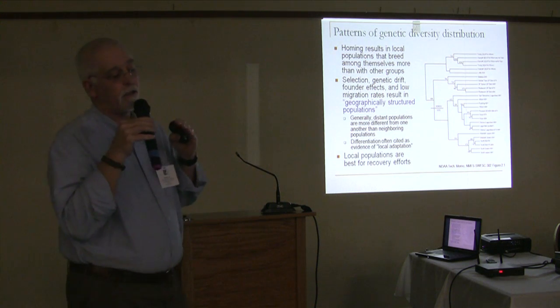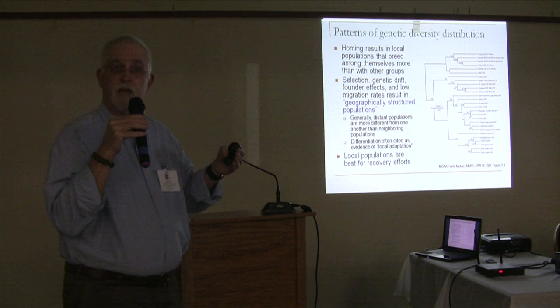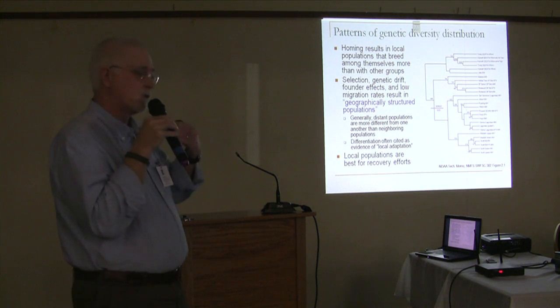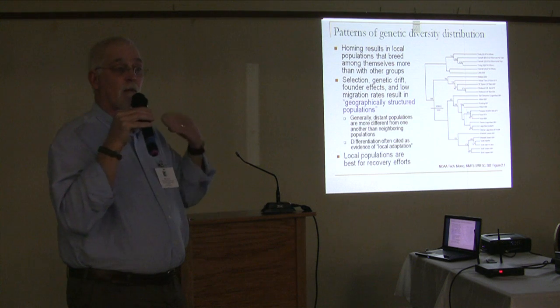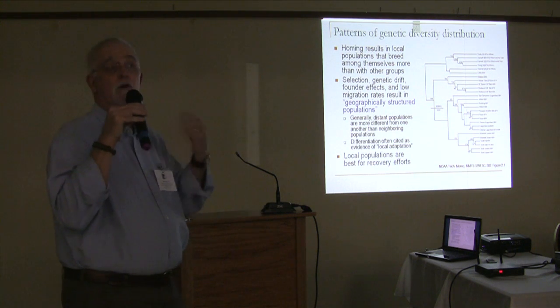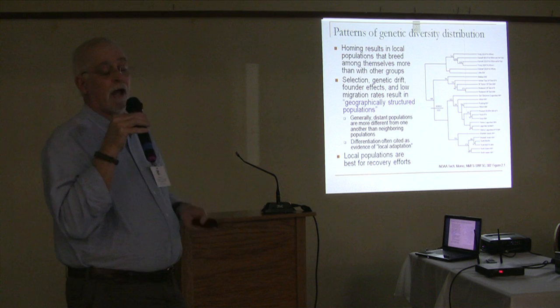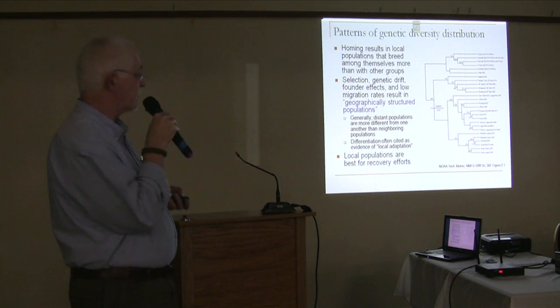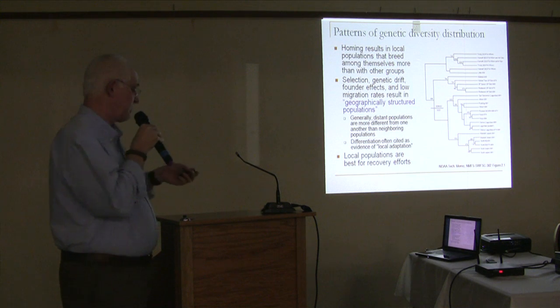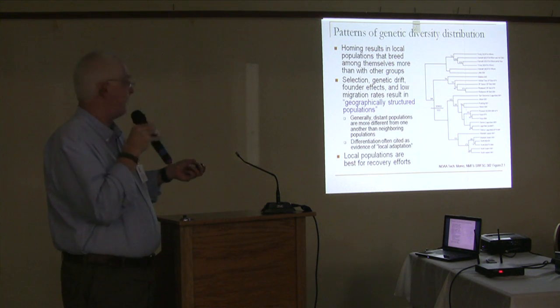And hatchery stocks that are based on locally adapted populations are much more successful than hatchery programs that rely on out-of-basin stocks. That's generally true, and it's something to keep in mind.